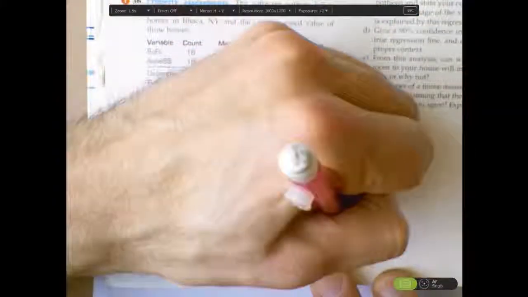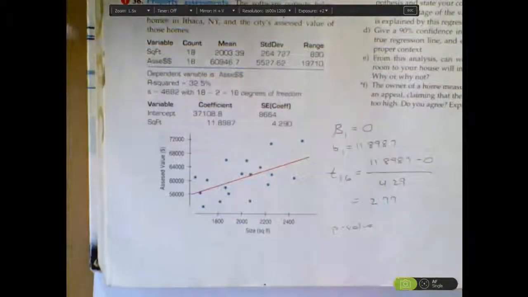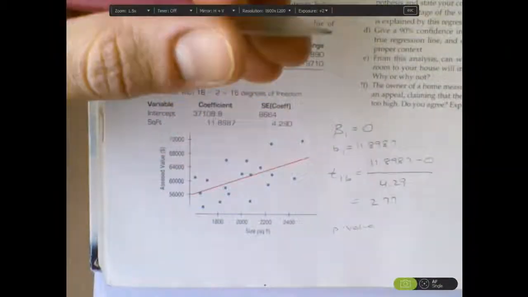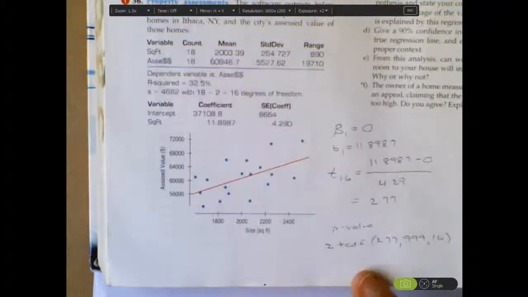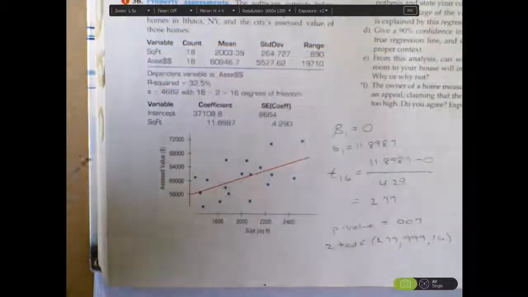And then if I do TCDF, I need to multiply it by 2 because I'm assuming the null is there's no linear association, beta sub 1 equals 0. The alternative is beta sub 1 does not equal 0. So I would do 2 times TCDF, 2.77, 999, and then 16 degrees of freedom to get this p-value of, it looks like 0.007. That's how I would cover a test.